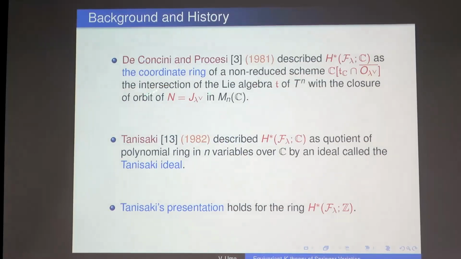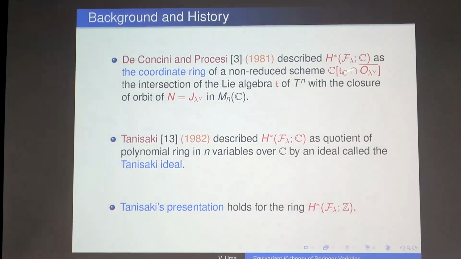Other than this, De Concini and Procesi in 1981 described this cohomology ring of the Springer variety in a geometric way by the coordinate ring of some maybe non-reduced scheme, non-reduced variety.